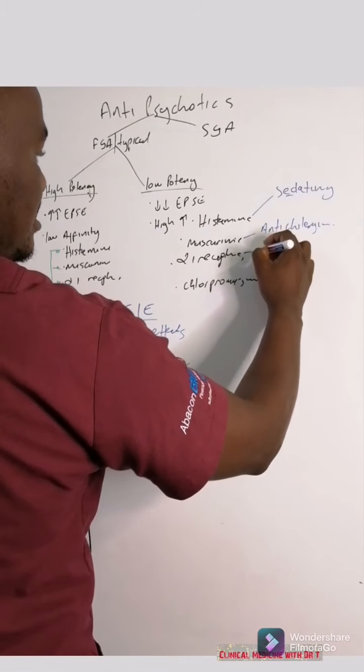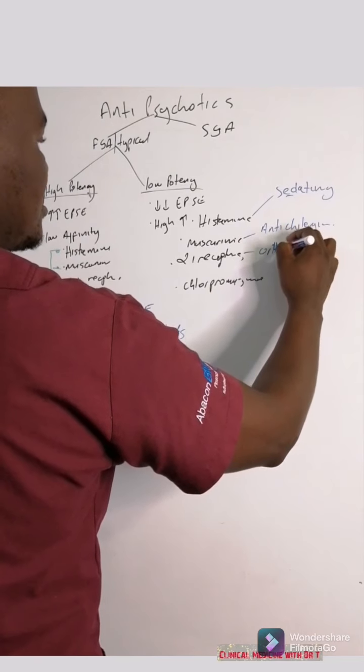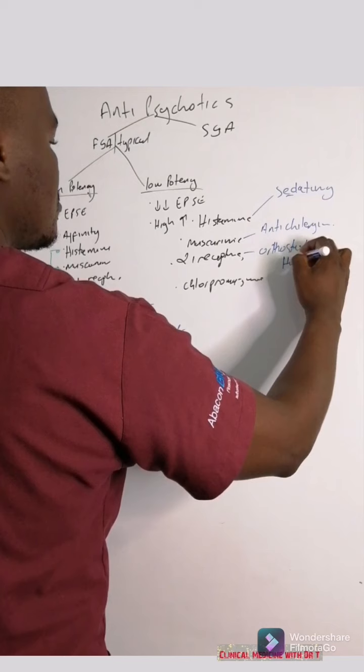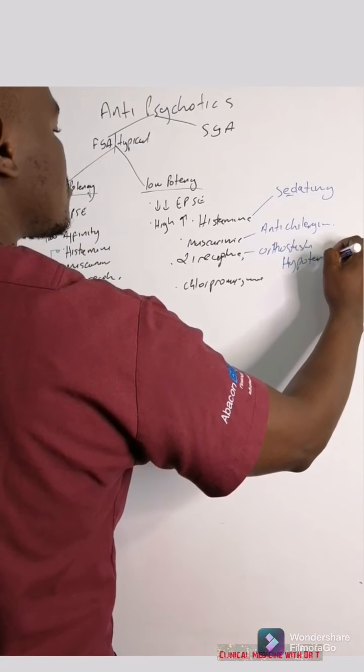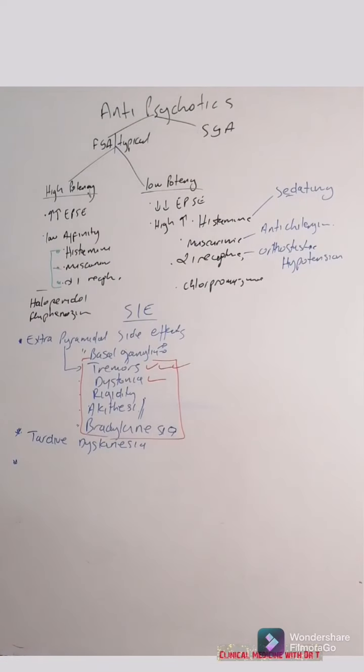And then here you've got what they call orthostatic hypotension. Let's say you're lying flat.